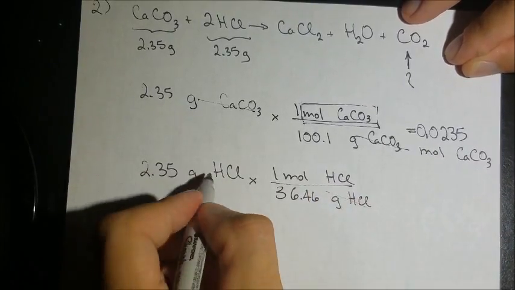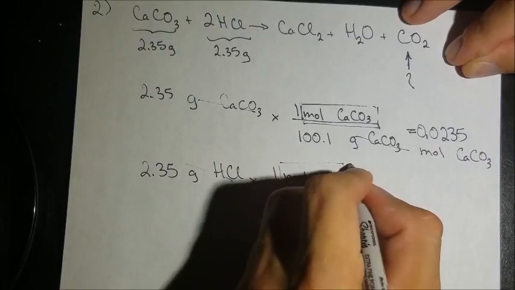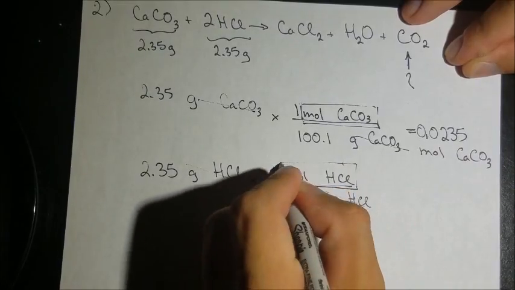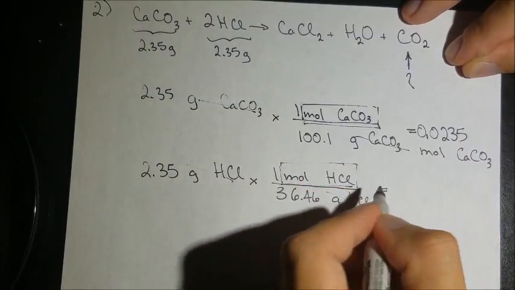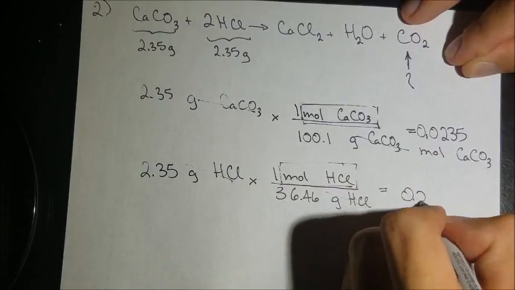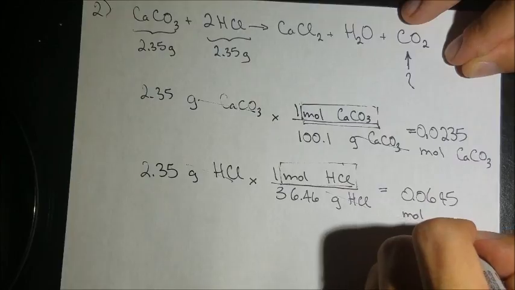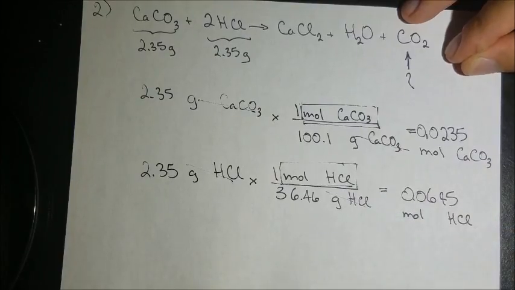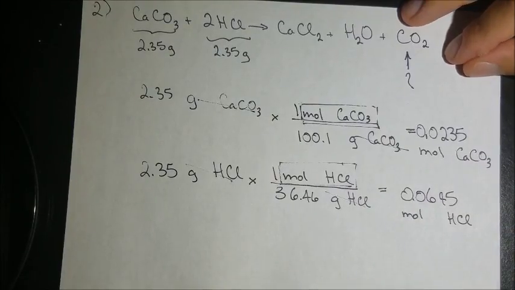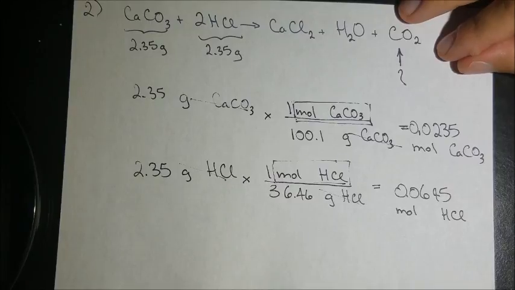Okay, our grams of HCl cancel, and we are left in moles of HCl. So how many moles do we have? It's just 0.0645 moles of HCl. Okay, so we're not quite ready to determine which one's our limiting reactant, but we're almost there.